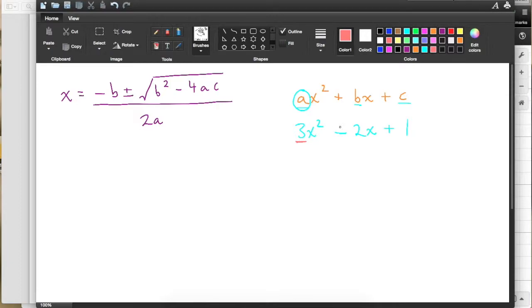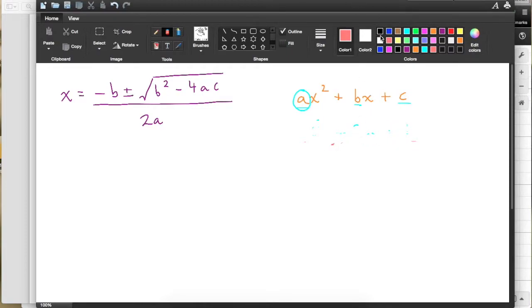So a equals 3. b, in this case, is not just 2, it's actually negative 2, because the sign in front of that coefficient belongs to it. So the answer for what is b would be negative 2. And c, in this case, is 1. So a, b, and c are just the coefficients.